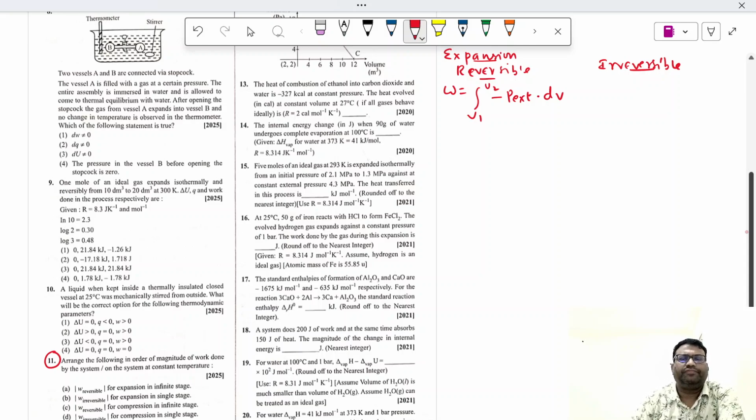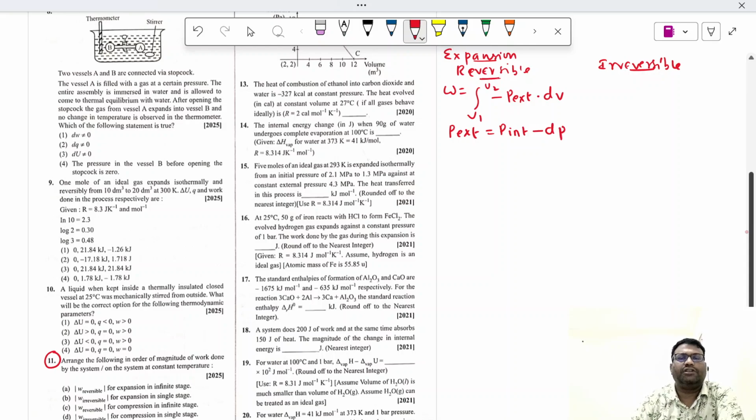When you are going with a reversible process, we know that P external is equal to P internal minus dP.